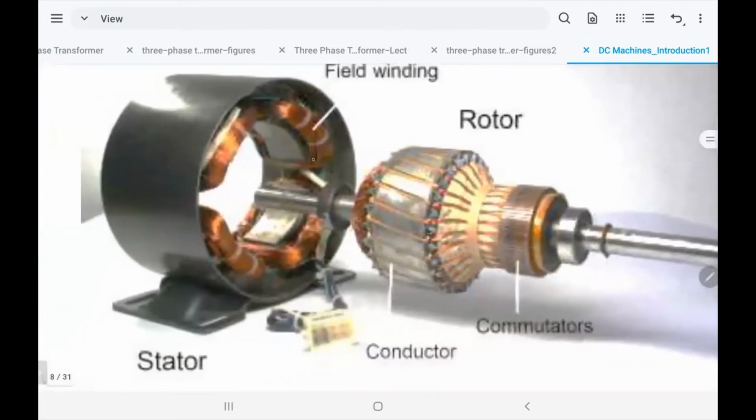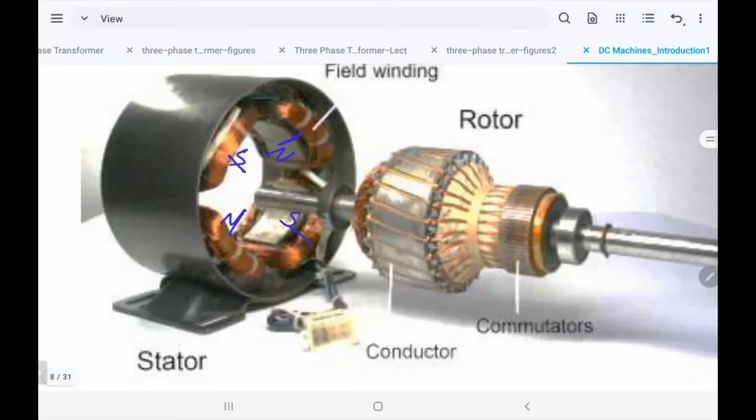By the way, that's the stator, and you can see here the field winding. I can tell that this machine has 4 poles. That's one, the second, the third, the fourth. And usually they take care of the direction of the current. So if they make this a north pole, the opposite one they make north, and those are south.